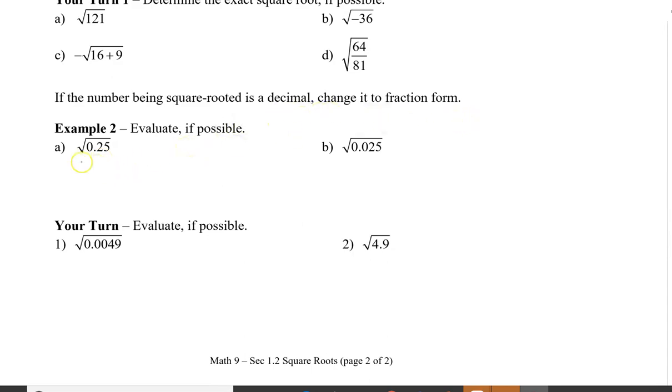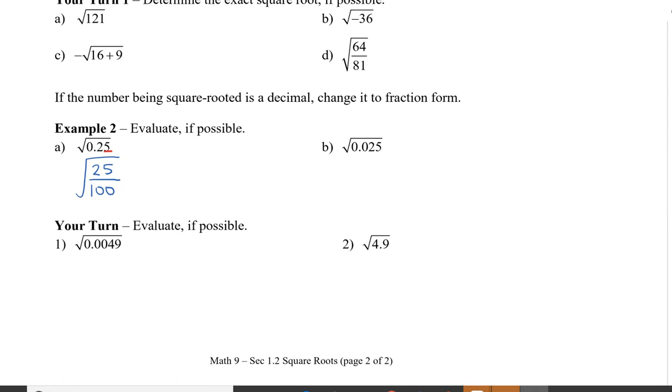So for example, we have 0.25, and that is the same as the square root of 25 over 100. The reason it's over 100 is because the 5 is in the 100th place. Or you can also think of this as there are 2 numbers after the decimal, so therefore we're going to put 2 zeros.